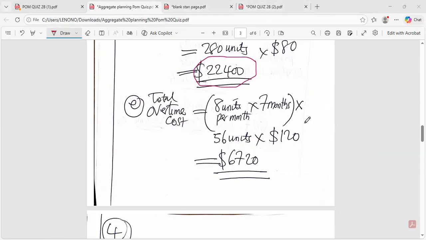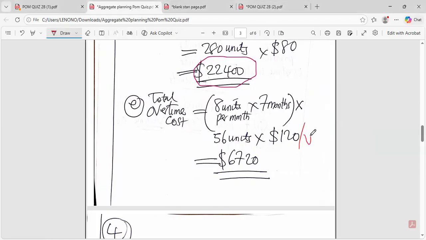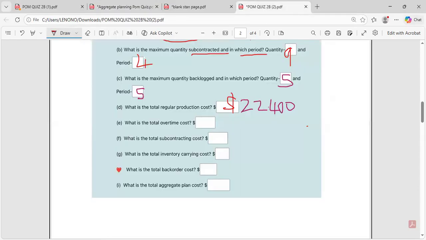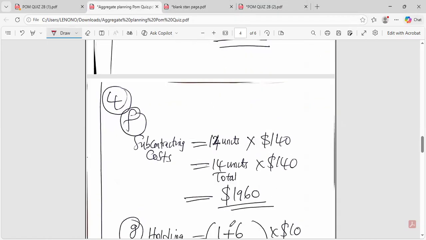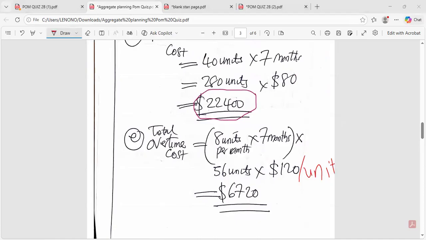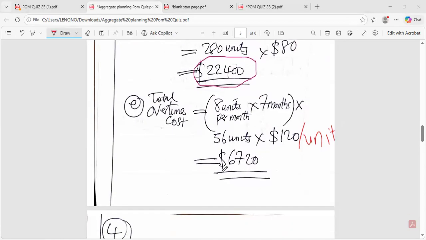The 120 is per unit, the overtime cost per unit. So this is giving us the overtime cost of 6,720.